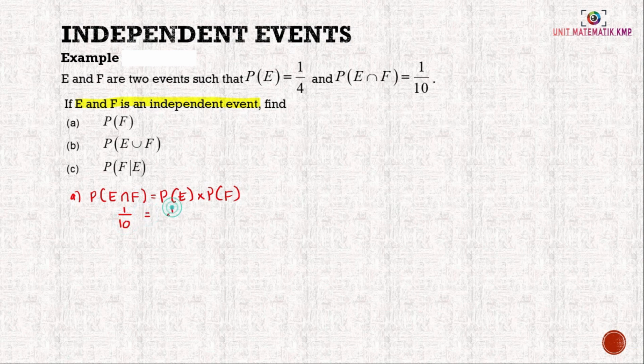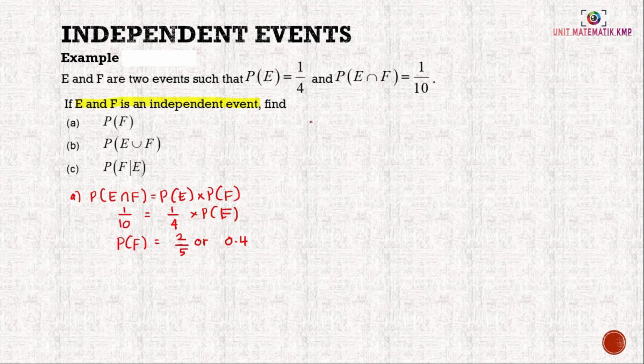So PE is 1 over 4. Then PF ni adalah kita nak cari. Okay, so apa awak kena buat adalah kita akan bawa 1 over 4 to the left hand side. Jadi awak kira awak akan dapat PF tu adalah 2 over 5. Or kalau you nak bagi jawapan dalam decimal, dia adalah 0.4. So bagi jawapan salah satu saja, tak perlu tulis dua-dua. Okay, next.